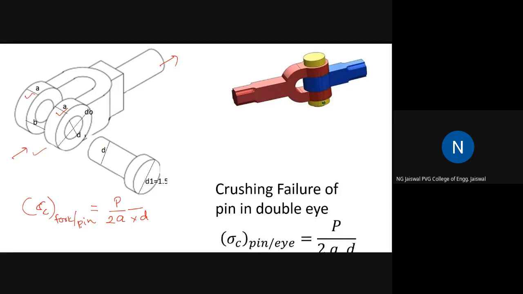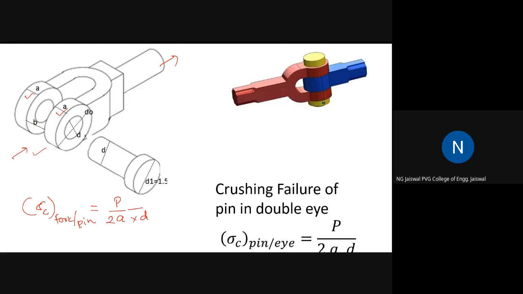You can see now the same thing written. But if it fails, again it means who will fail? It depends on the strength of the material. If pin is weaker, pin surface will crush. If double eye or fork surface is weaker, its surface will fail.